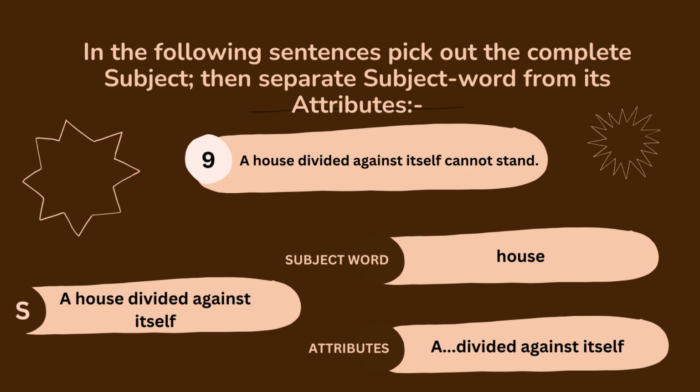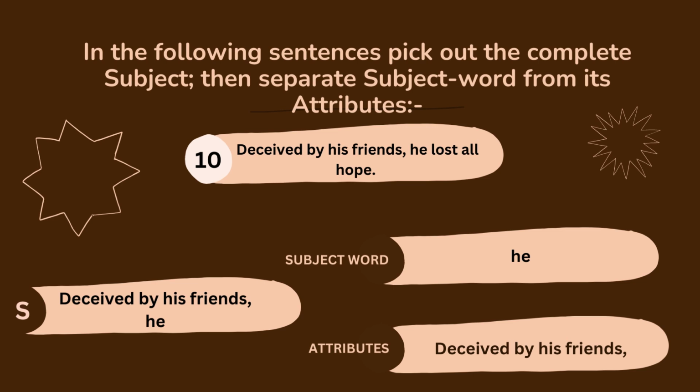Number 10, deceived by his friends, he lost all hope. Here we have deceived by his friends, he, as the complete subject, and the word he is the subject word, and the rest of the part, deceived by his friends, is the attribute of the word he.